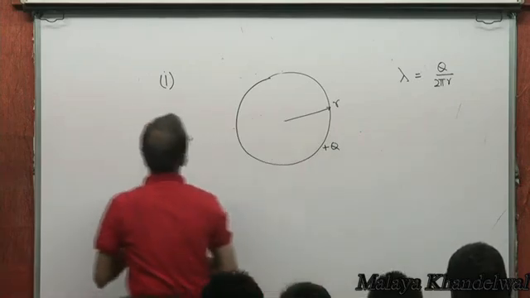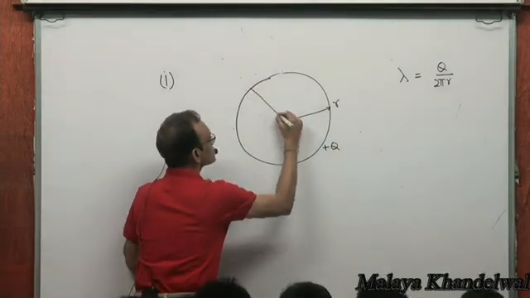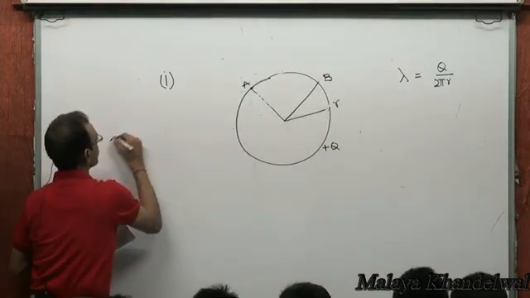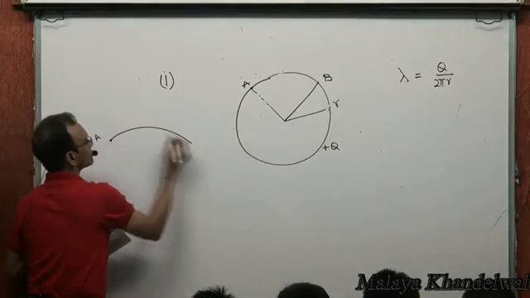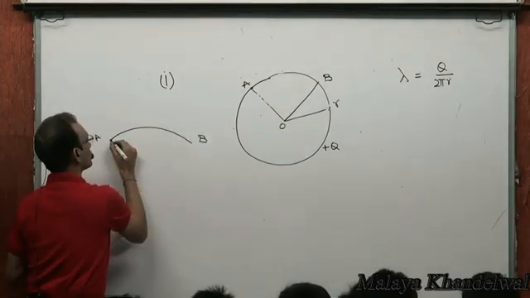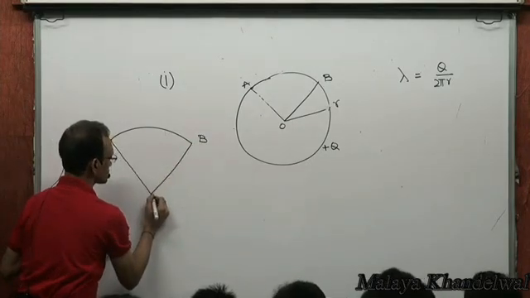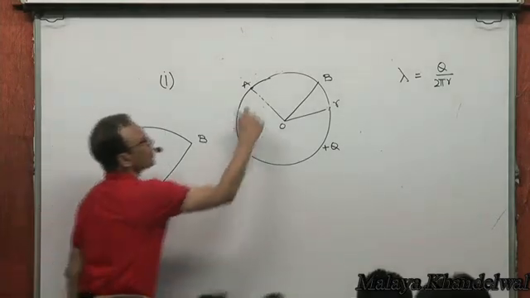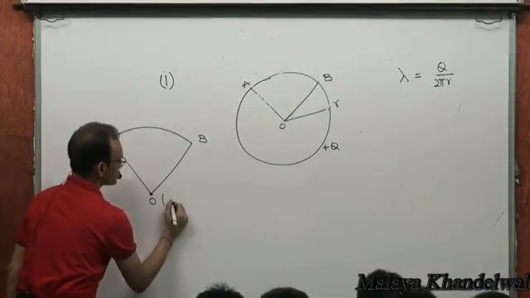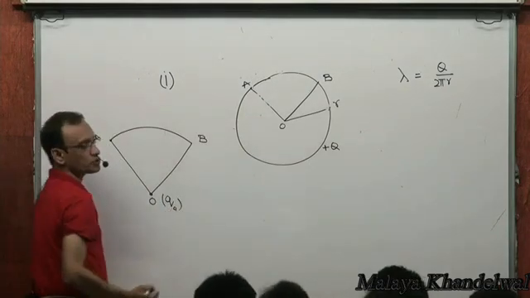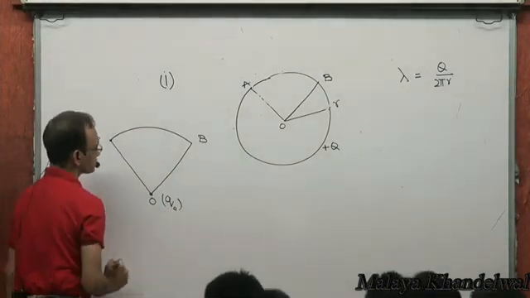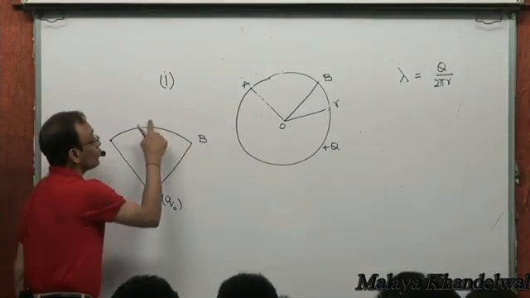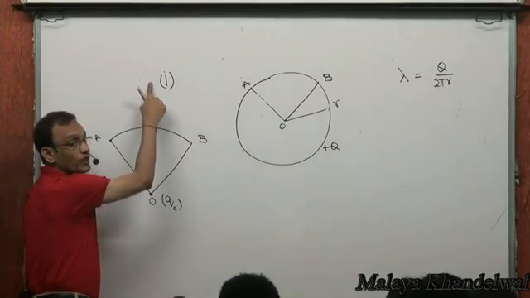Now what would happen is, if you took a small element of the ring AB, with a charge, say Q naught, present at O, what would happen? This charge distributed on AB would get repelled, would have a propensity to move up.